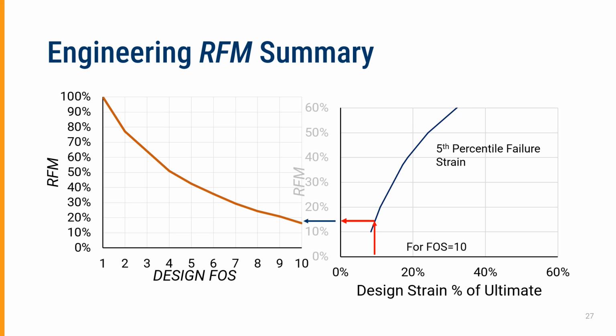And that's the curve that we've developed from data. In fact, this is essentially the same curve as the one I showed where we have RFM on the bottom and percent of retained strain, but it's rotated. So when we work backwards with that curve, we can produce this. And this is for tensile situations.